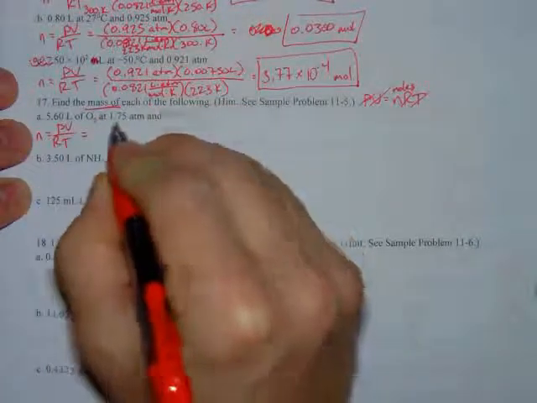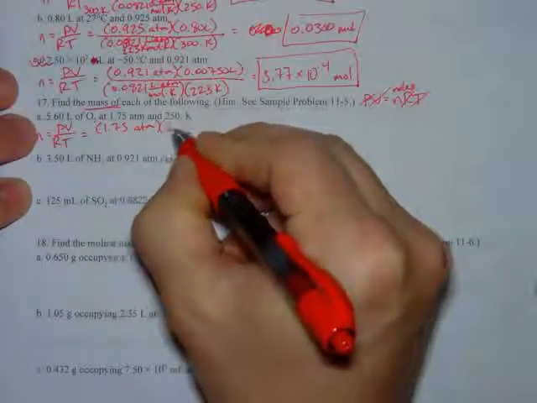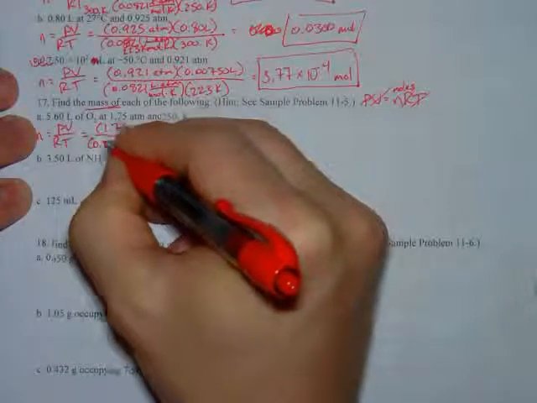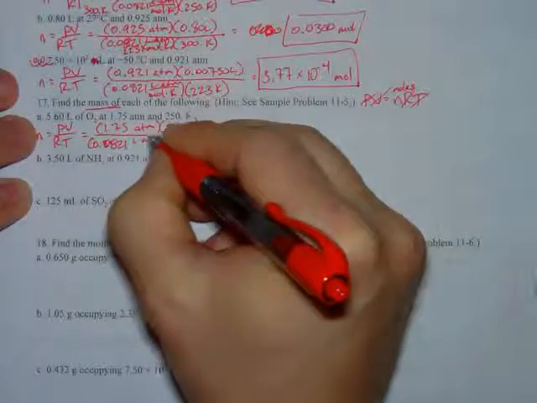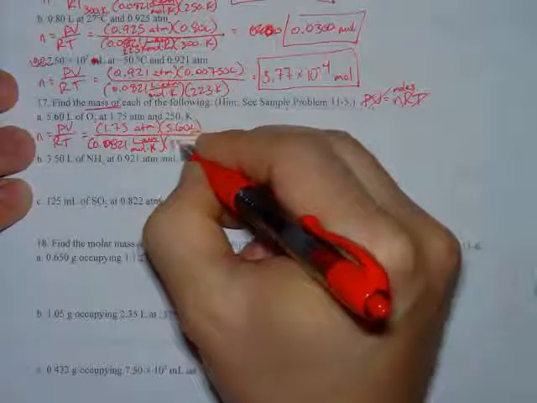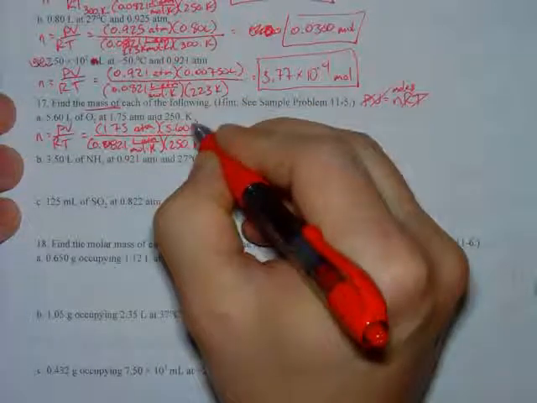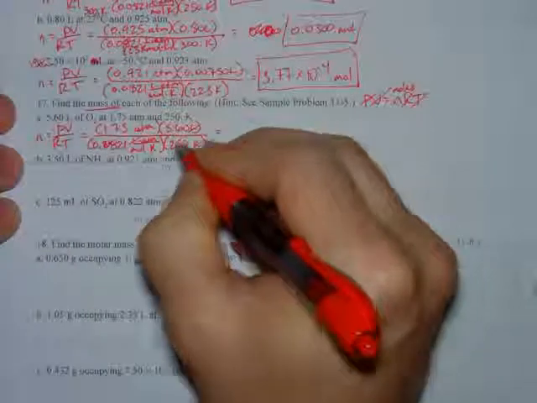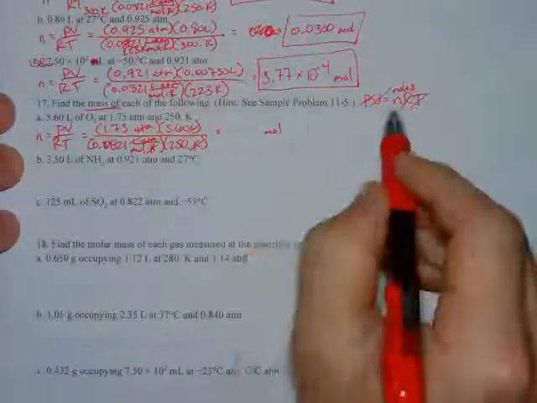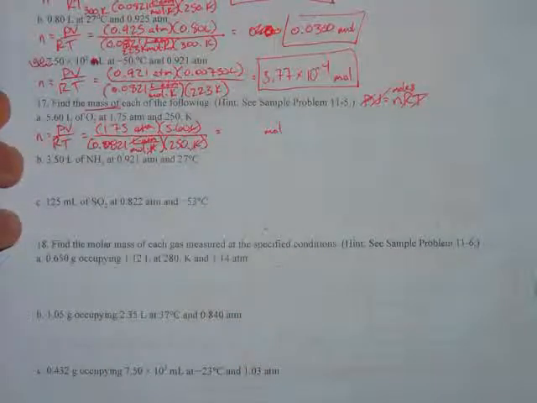Our pressure is 1.75 atmospheres times volume, which is 5.60, all over my ideal gas constant, 0.0821 liter atmospheres per mole Kelvin, multiplied by my temperature, which is 250 K. Notice that atmospheres cancel with atmospheres, liters with liters, and kelvins with kelvins, so the only unit I have left is moles, which is useful because then I can use the molar mass to convert into mass, which is what the question is asking me to do.